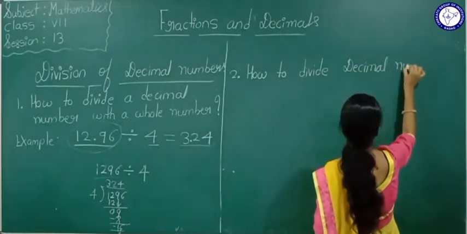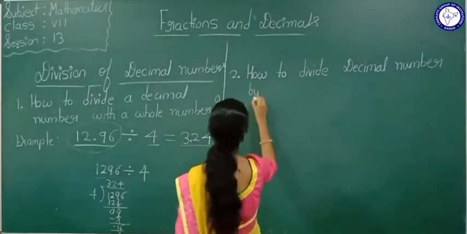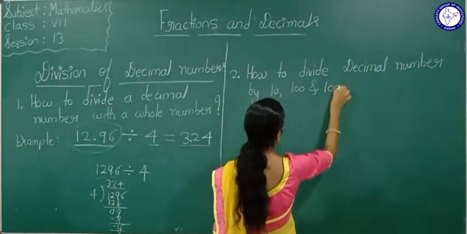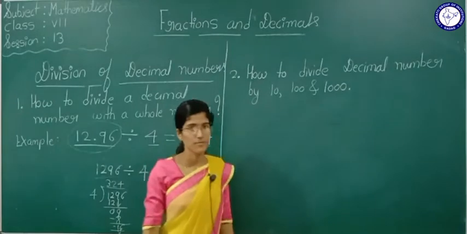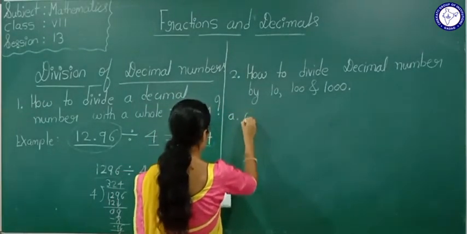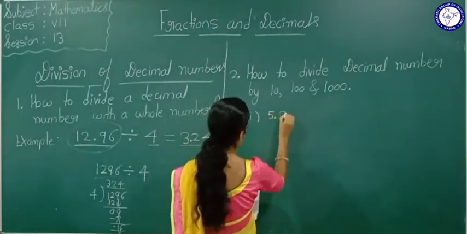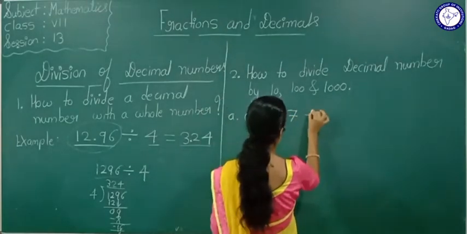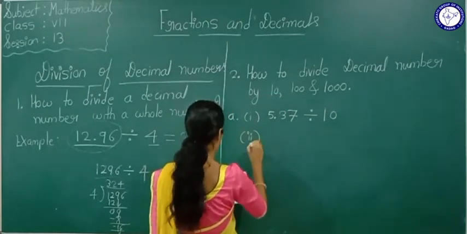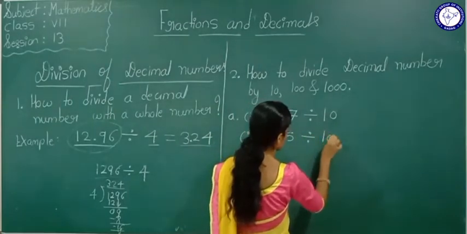Okay, now see students, I'll give one example. 5.37 divided by 10. Second one, 31.5 divided by 10.